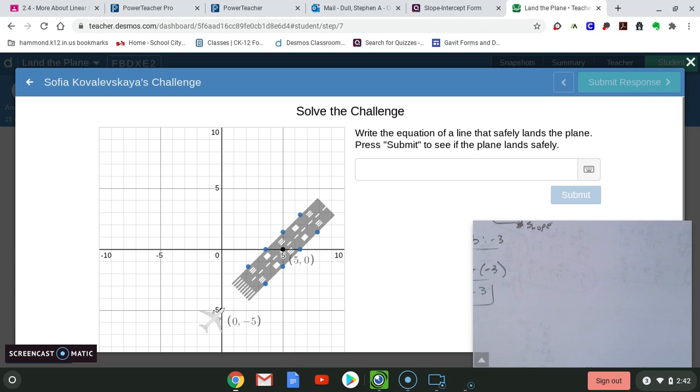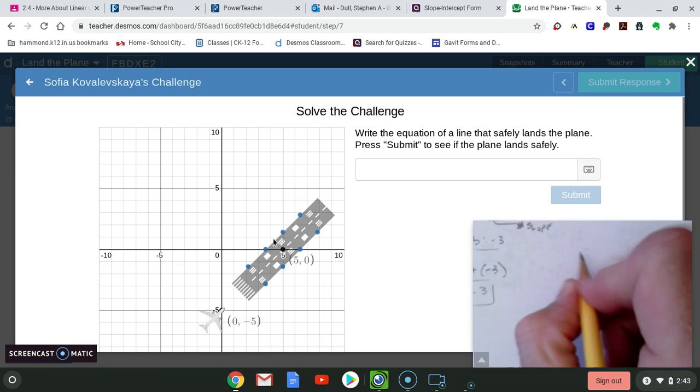So here's one we can take a look at. If I take a look here, the jet is right at the point (0, -5), and there's a black dot underneath that. So I know that my intercept is -5. And if I try to look at the slope, I can see that I move up 1, 2, 3, 4, 5 units, and over 1, 2, 3, 4, 5 units.